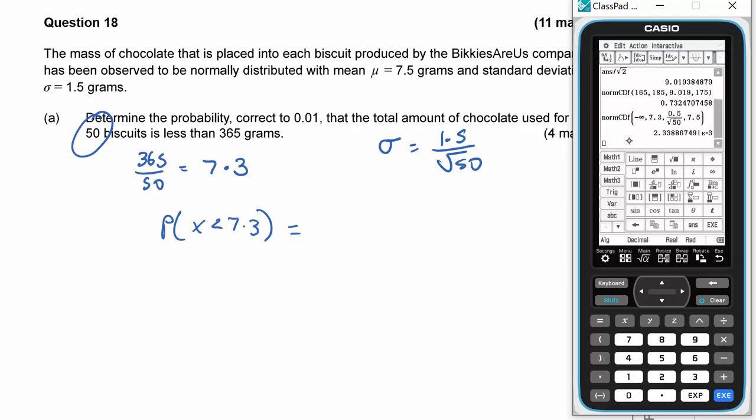And that gives us 0.0023, which is actually incorrect because I put 0.5 for some reason instead of 1.5.